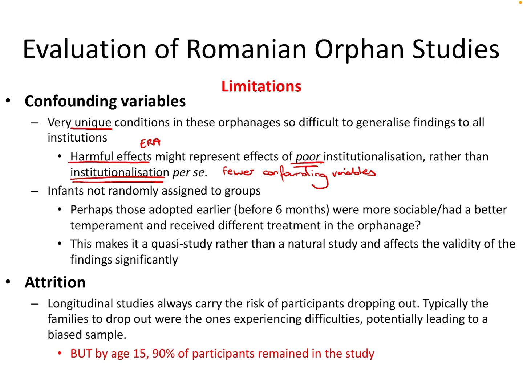So these children had already suffered early childhood trauma, which would have caused some intellectual disorders, which could have caused some attachment issues later in life. So in those earlier studies, it's really difficult to disentangle the effects of early childhood trauma from institutionalisation. The Romanian orphan studies actually improve on these previous studies by having fewer confounding variables, because a lot of those children didn't suffer from trauma.